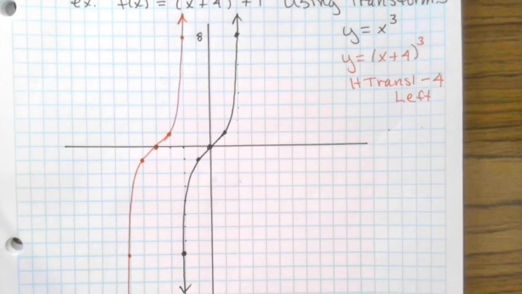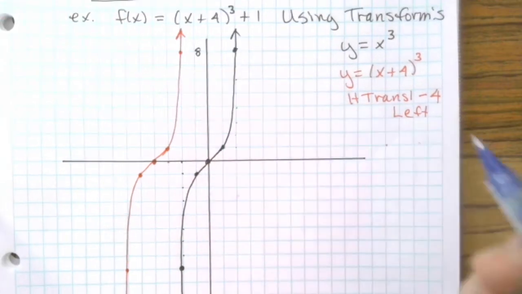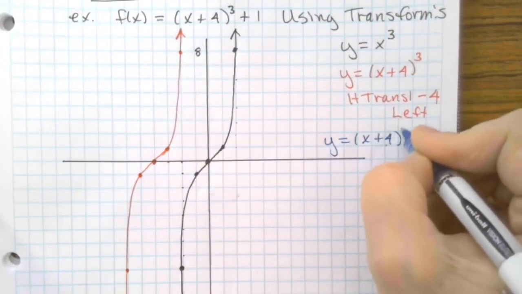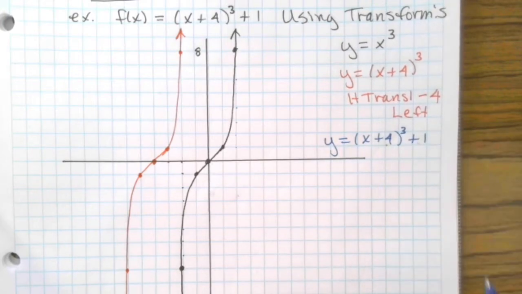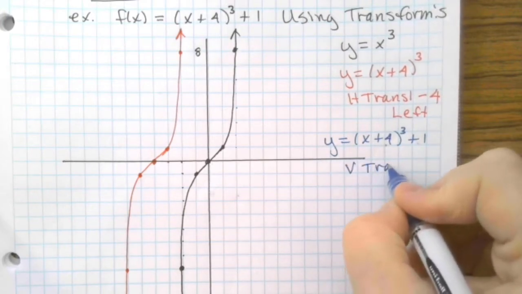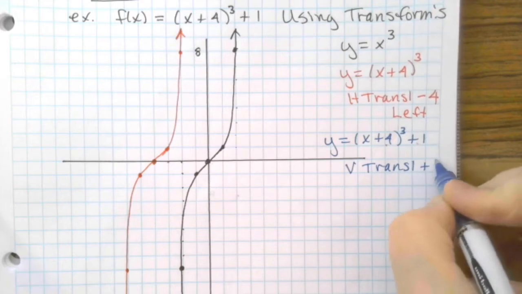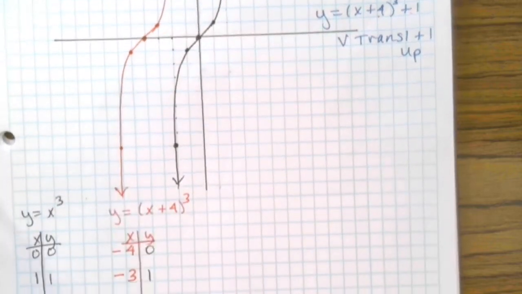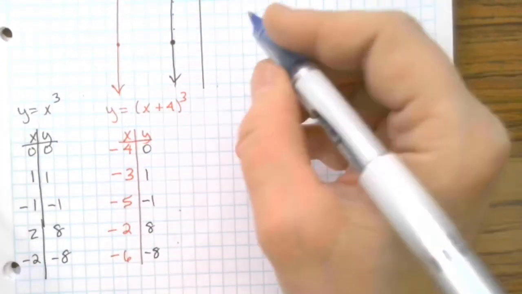Okay, we're going to do the next transformation, which is to add 1. So y equals (x plus 4) cubed plus 1. This is a vertical translation, plus 1 up. And remember, on the outside, what you see is what you get. All right, let's go to our point to point.